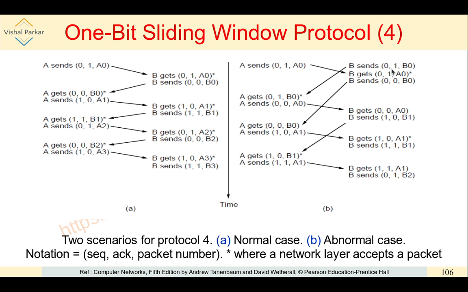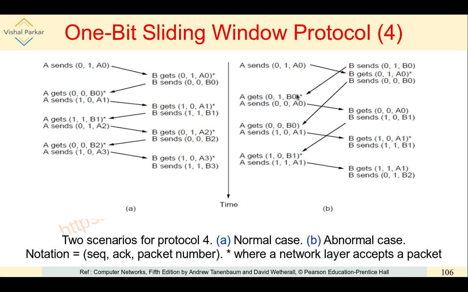Why? Because it has not yet received the acknowledgement for that. The first frame sent 0, but it has just got 0, 1, A0, which is a valid frame. That's why its acknowledgement is given here, and the previous content B0 is repeated. So it is sent to A.